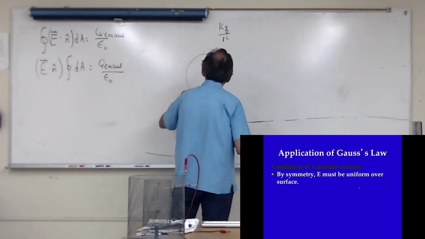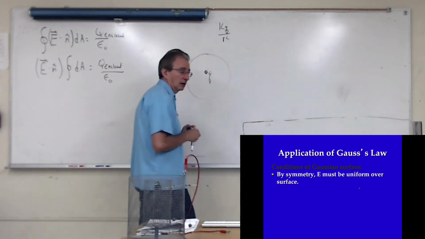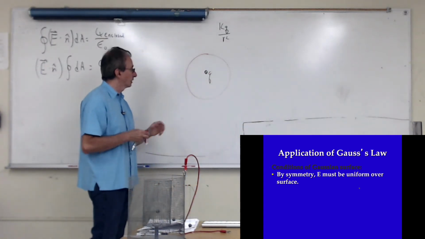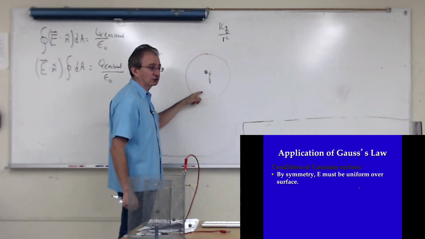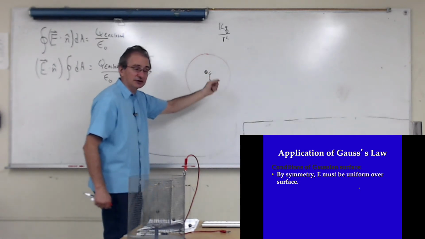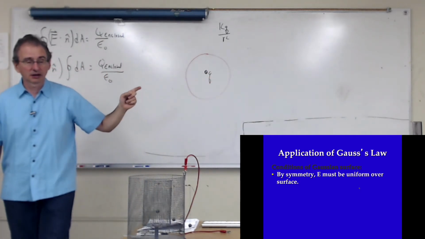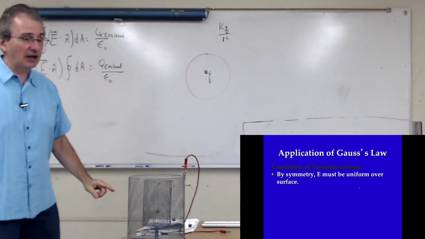If I draw an imaginary sphere around the charge, isn't it true that anywhere on the surface of the sphere, the electric field has the same value?